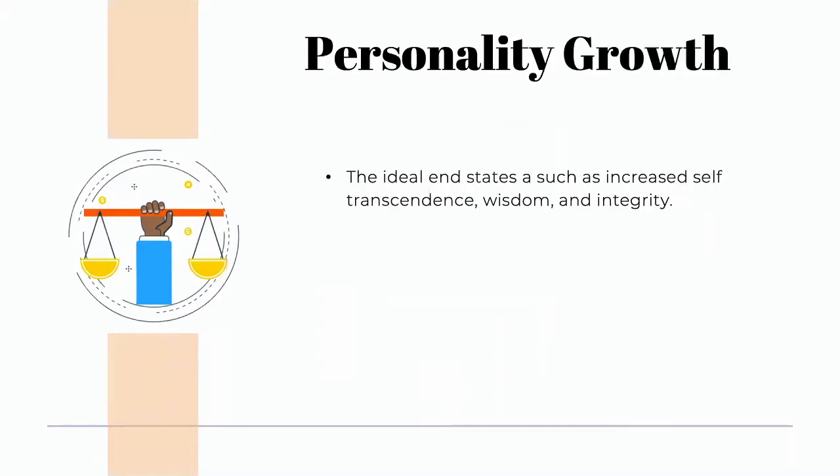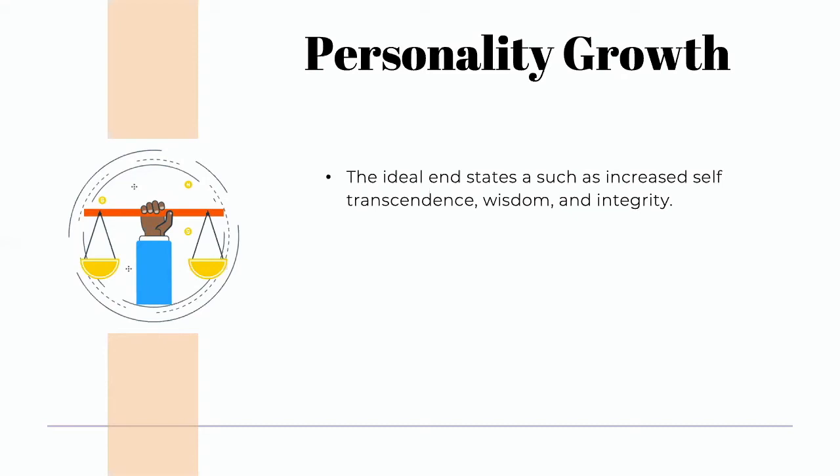Next is personality growth. And I like to also look at this as an idea of maturity. So this is the ideal end state, such as increased self-transcendence, wisdom, and integrity. So one easy way to think of this is when we are kids, how easy it was, and it wasn't a big deal to lie to our parents or lie to our teachers or people that were in higher authority than us as children.